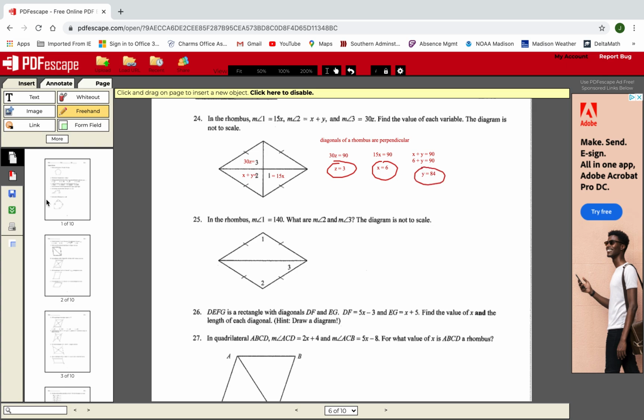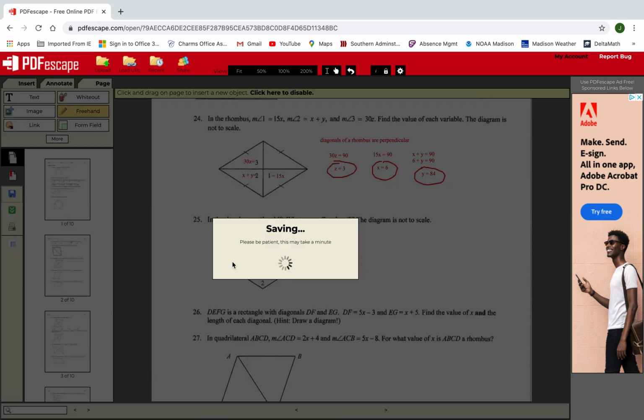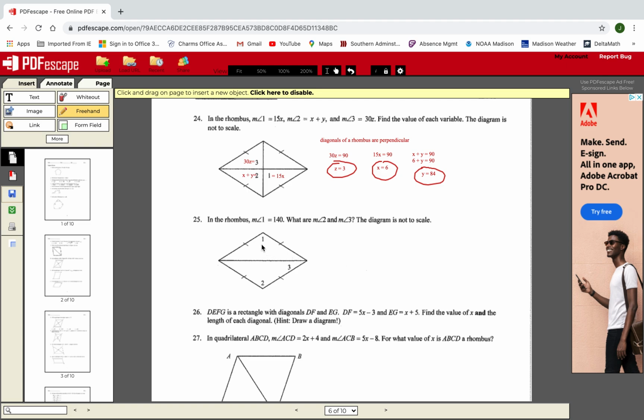On 25, it says in the rhombus, the measure of angle 1 is 140. What are the measures of angles 2 and 3? Well, in a rhombus, opposite angles are congruent. So what angle is also 140? 2, good. And we know that the diagonals bisect the angles.